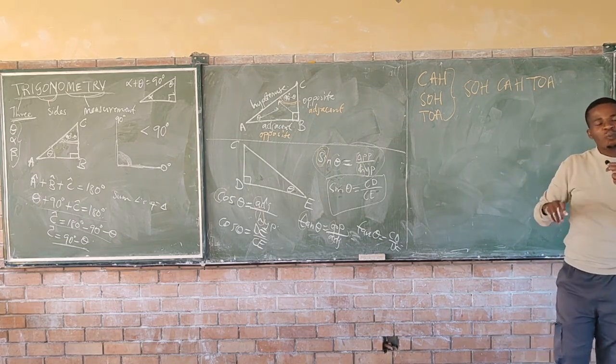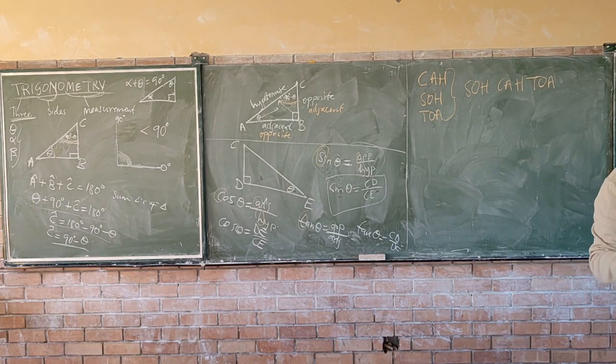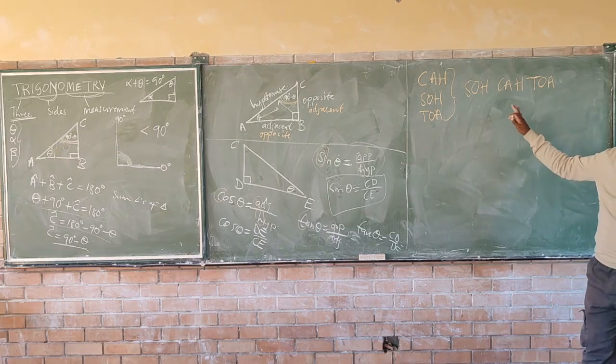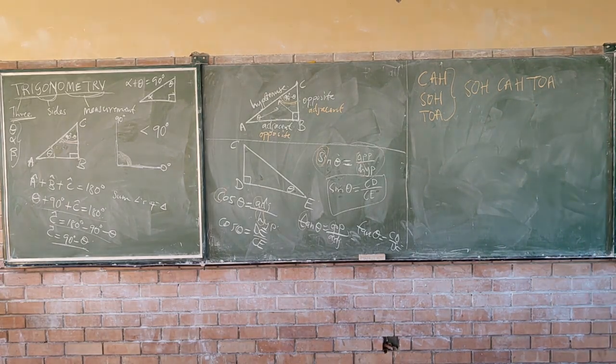So don't be shy of writing that down when you are answering your tricky questions, because it's your weapon. If you think you can do it in your head, you might confuse things. So write it down, make sure that you see what you're writing. Some people are shy of writing what they know, feeling like they are fools.